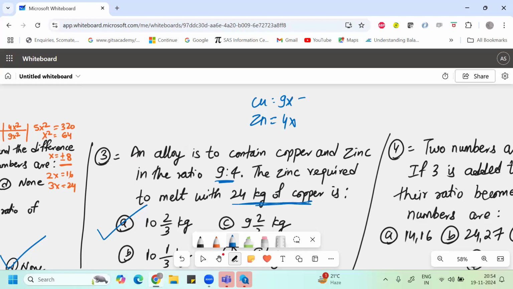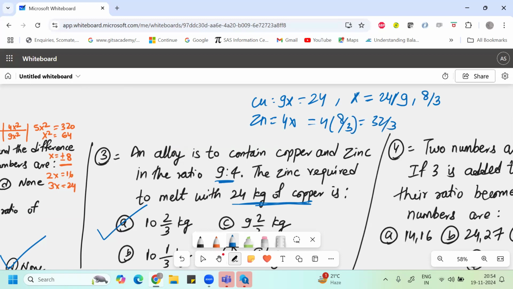So if the copper becomes 24 kg, what is the value of x? The value of x would be 24 by 9. 24 by 9 means 8 threes are 24 and 3 threes are 9. So x is equal to 8 by 3. So zinc is 4x. So 4 into 8 by 3 gives me 32 by 3.